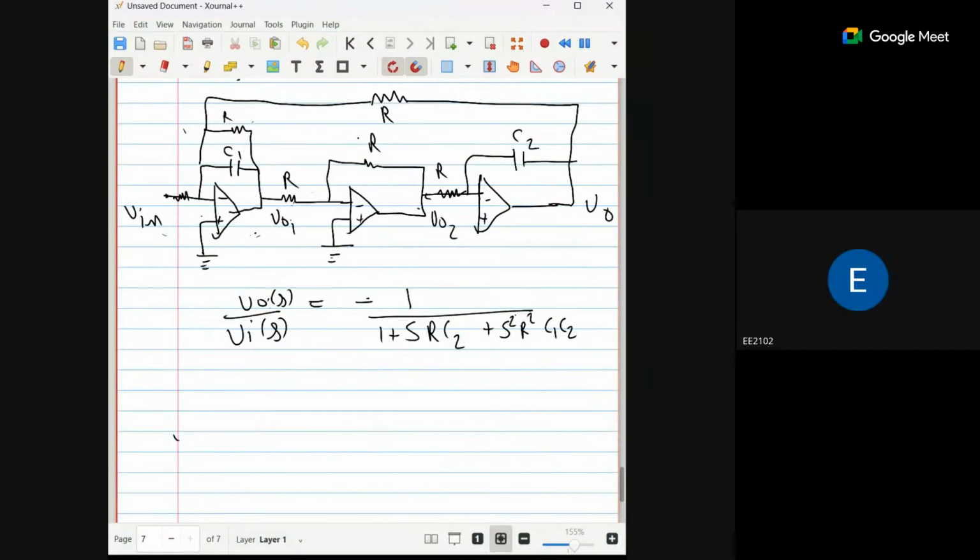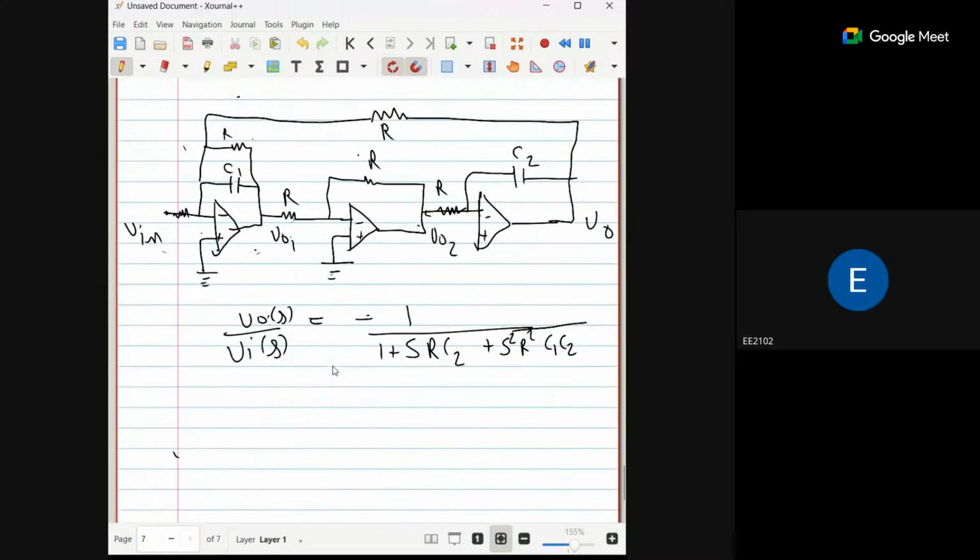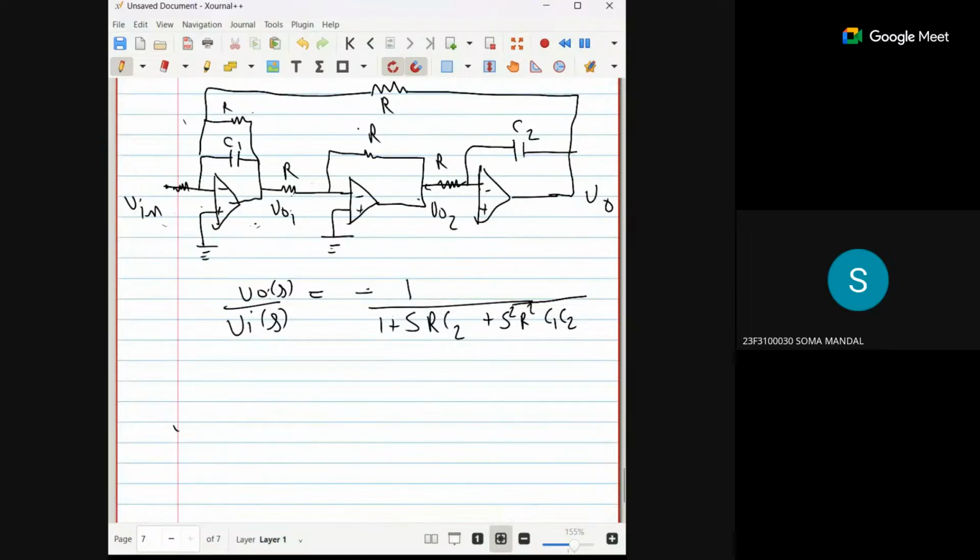Okay. So this is our basic one, or you can do it with KCL, but that is too lengthy. These problems are very lengthy, and the calculation is also very lengthy, time consuming.